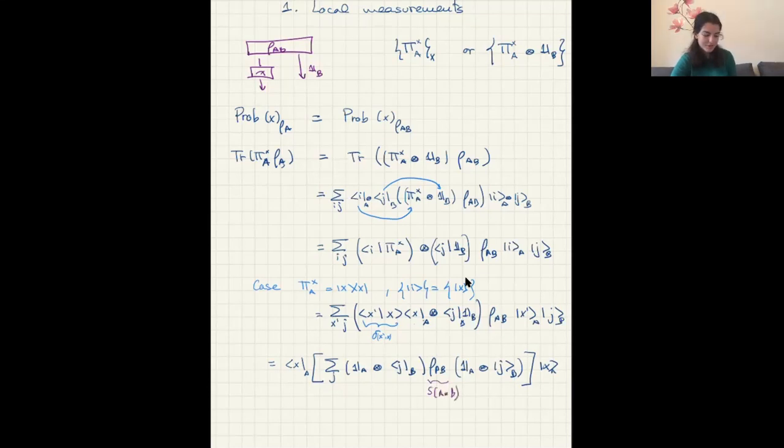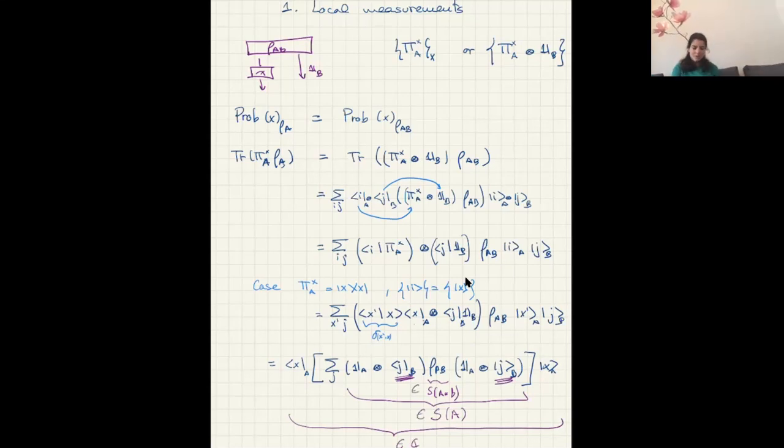Here are the Hilbert spaces of A and B. But now when we apply this thing here, this contracts the B part, to give us a number on the B part, but there's still something left. So this is going to be on S of A, where by A I mean HA. And then when we contract with that thing there, this is going to be just a number. Yes, so it all worked out.